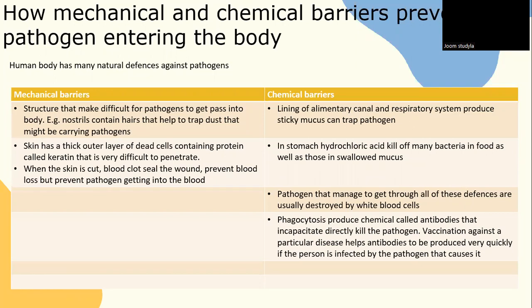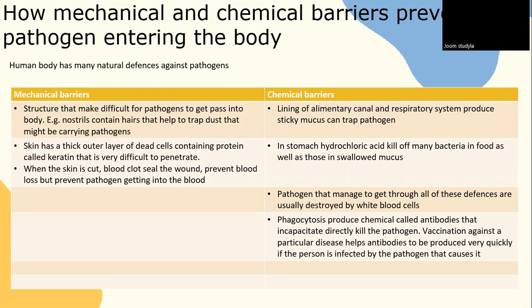For example, the nostrils contain hairs that help to trap dust that might be carrying pathogens. The skin has a thick outer layer of dead cells containing a protein called keratin that is very difficult to penetrate. When the skin is cut, a blood clot seals the wound, preventing blood loss and preventing pathogens getting into the blood.